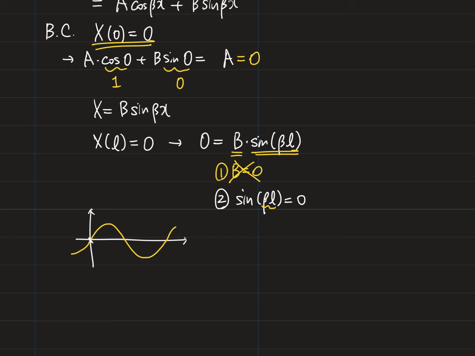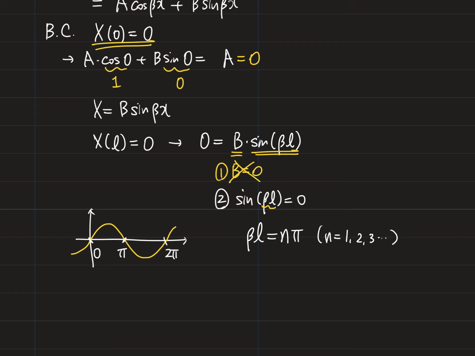So sine function becomes 0 at x equals 0 and pi, 2 pi, something like that. So this means the argument of the sine function, beta L, should be the integer multiples of pi. So n should be 1, 2, 3.